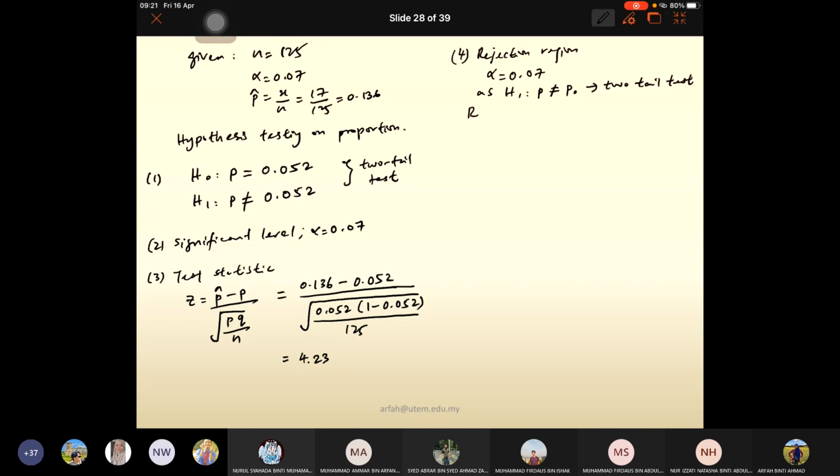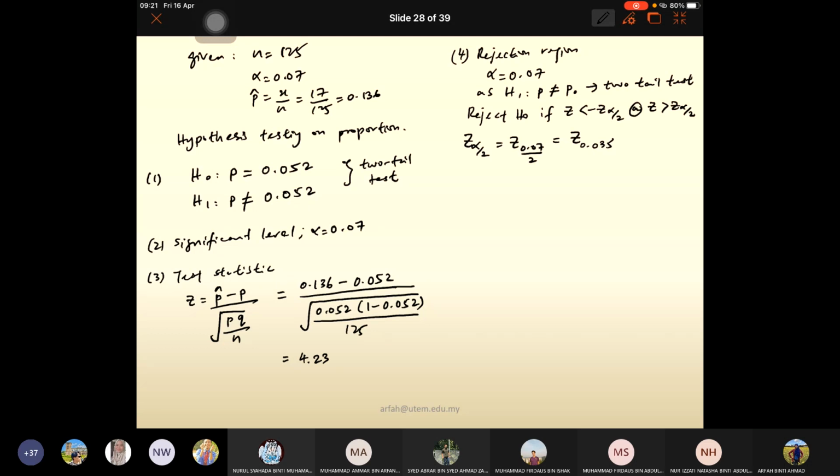Okay, so reject H null if Z less than negative Z alpha per 2 or Z greater than Z alpha per 2. Okay. So Z alpha per 2 equal to Z 0.07 per 2. So dapat Z 0.035.